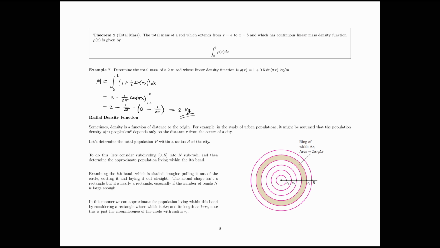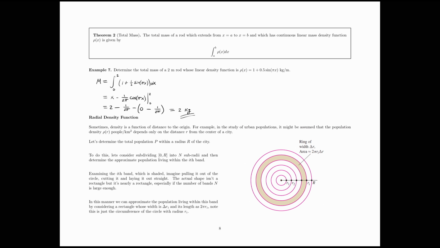So for instance, let's consider this ring right here. At the center, let's say we have something whose density does vary with respect to how far we are away from some center or central point.